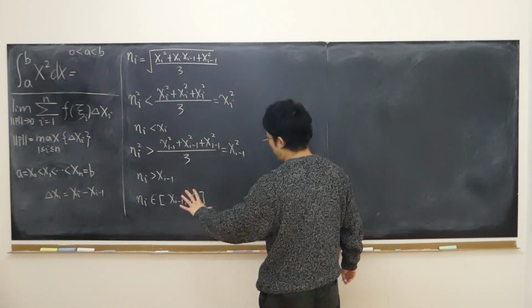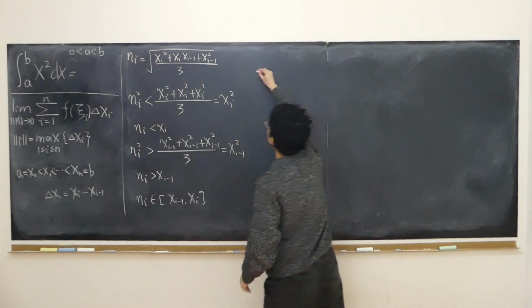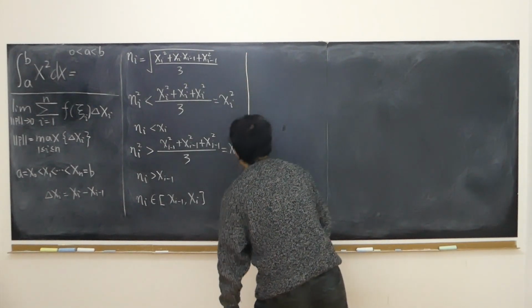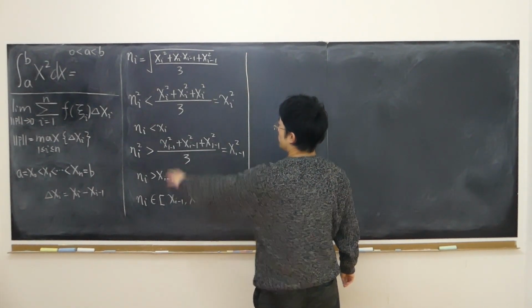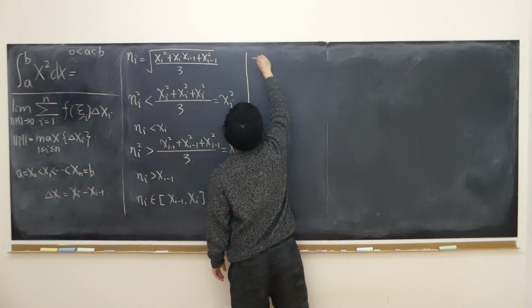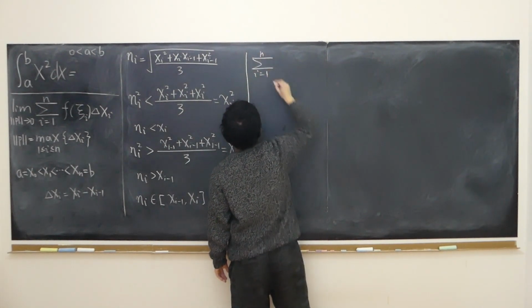Then I can use this fact to estimate the difference. I'll show right now. I'm going to rewrite my Riemann sum into sigma i from 1 up to n.